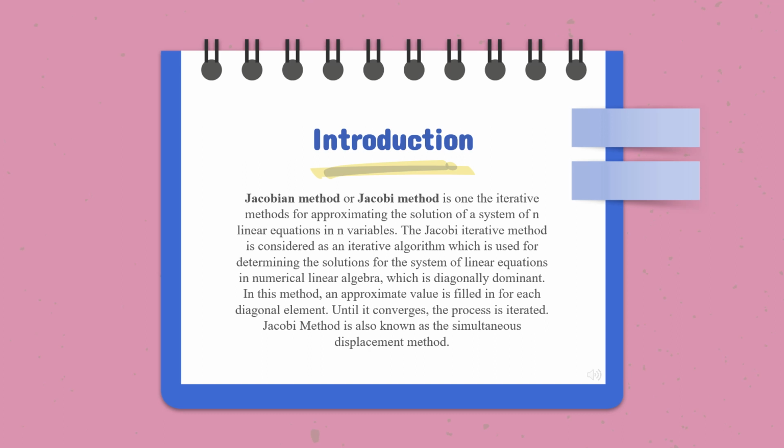In this method, an approximate value is filled in for each diagonal element until it converges. The process is iterated. The Jacobian method is also known as the simultaneous displacement method.